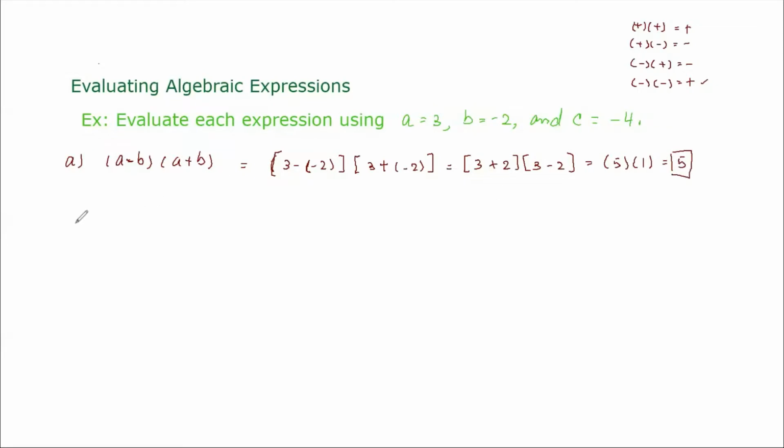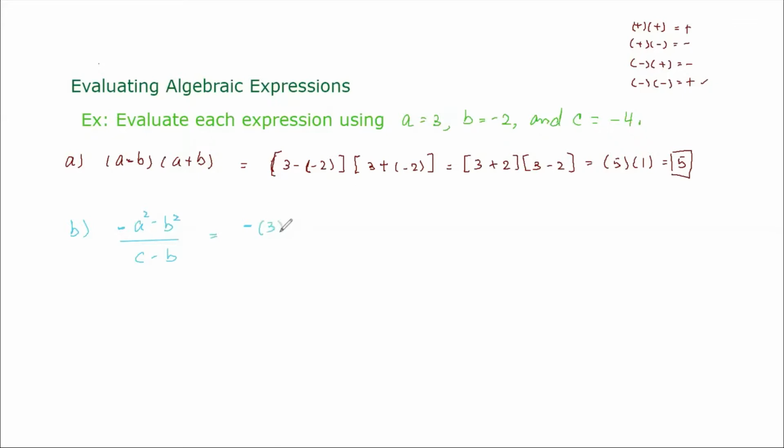Now we try one more example. If I have negative a squared minus b squared divided by c minus b, what is it going to be? We start from this one. Have the minus sign from the formula first. a equal to 3, right? So you replace a with 3.